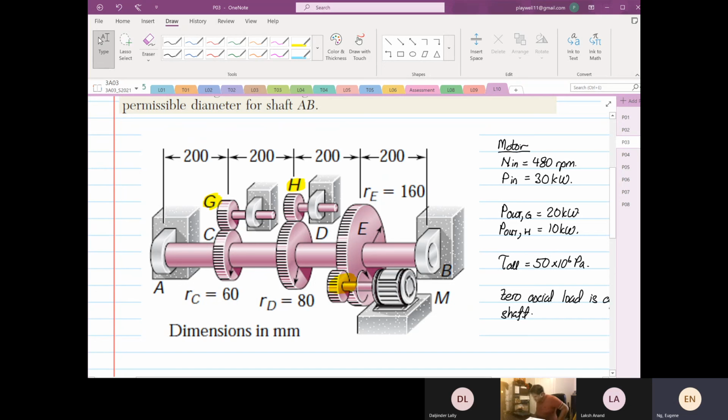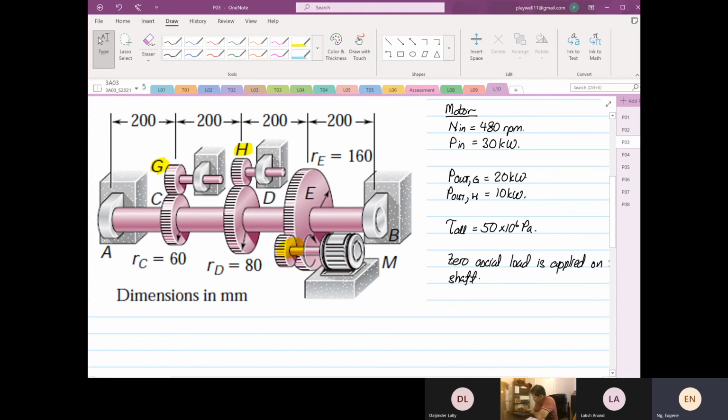First of all, we have to draw our transformation.